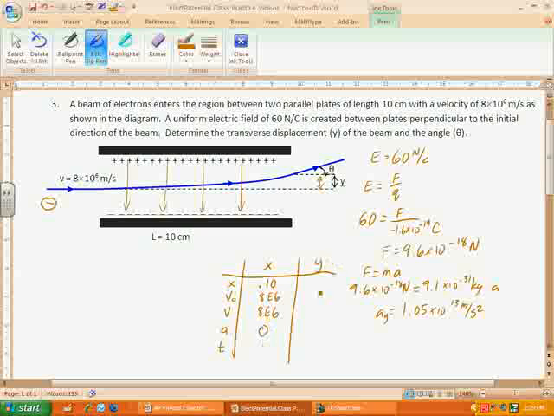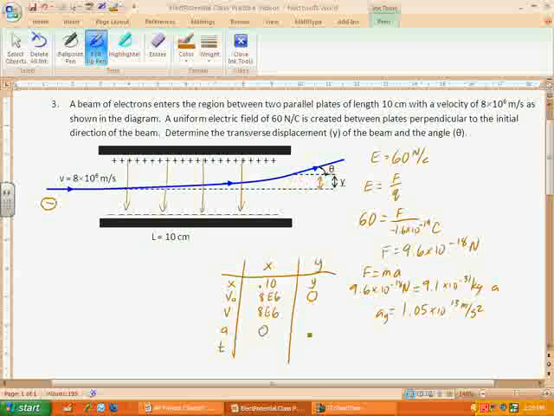But it appears that we can get that if we need it. The vertical displacement is what we're actually looking for. So now we'll look at the initial vertical velocity, which, since it's coming in horizontally, is zero. The final vertical velocity, well, there is going to be a number there because now it's going up at an angle, so we have a component there.